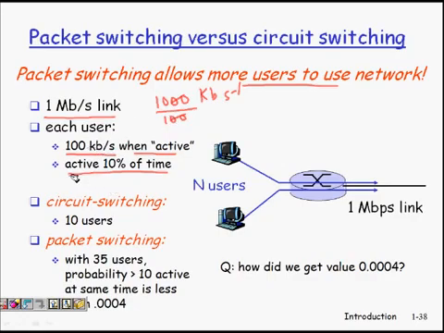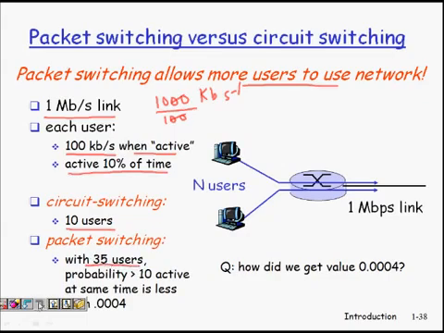But the thing is, we also see that you are not using the resource all the time. It tells us that on average we are active only 10% of the time. Then it says bingo. With circuit switching we would have got just 10 users, but here let's say they have 35 users.